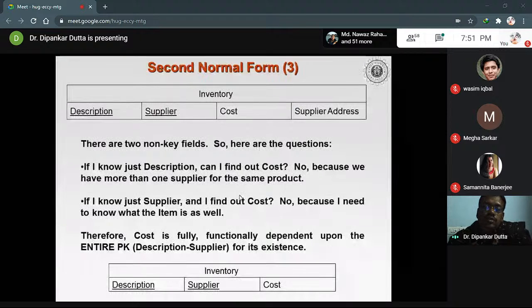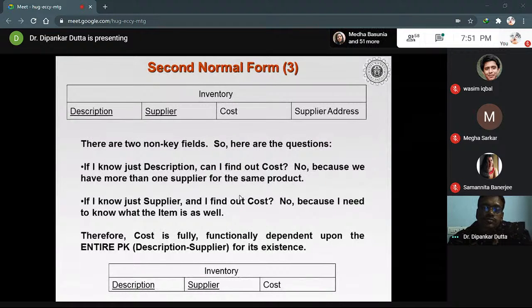Yes or no? The answer is no, because we have more than one supplier for the same product. The same product can be supplied by different suppliers at different cost. So from the description of the item, we cannot find out the cost. We require supplier name also.